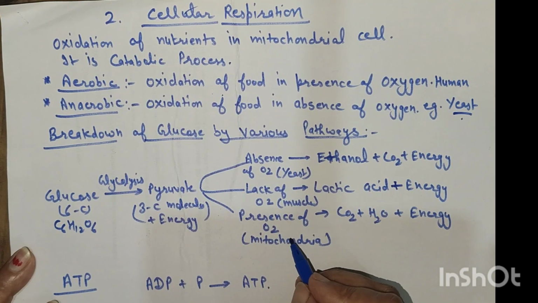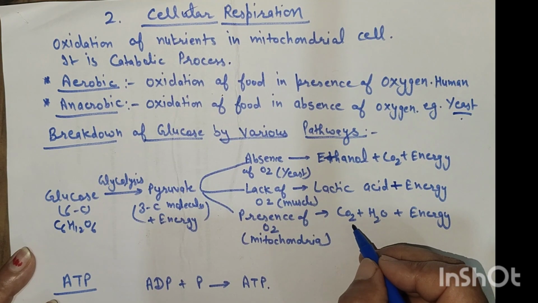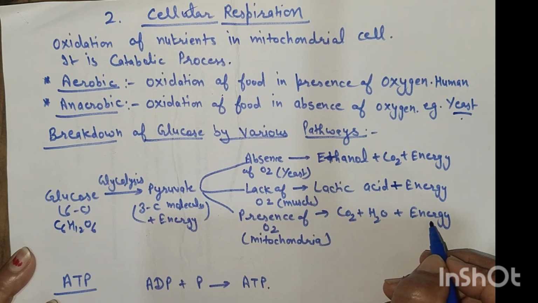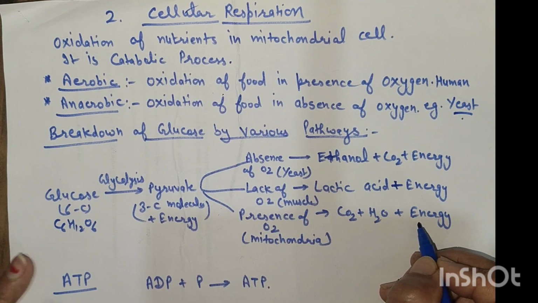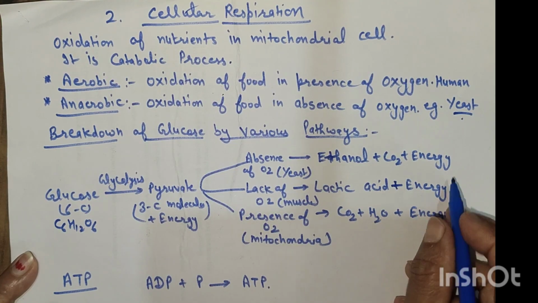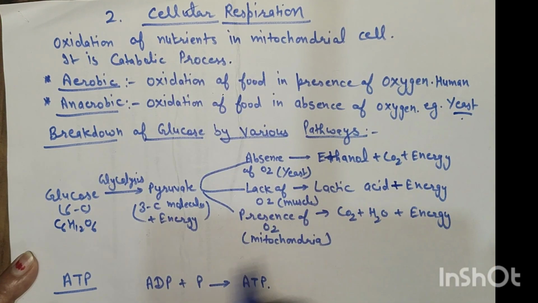Now the presence of oxygen. Presence of oxygen means aerobic respiration. This takes place in the mitochondria, and carbon dioxide, water and energy are released. This takes place in human beings and mostly animals. This energy is released in the form of ATP, adenosine triphosphate.